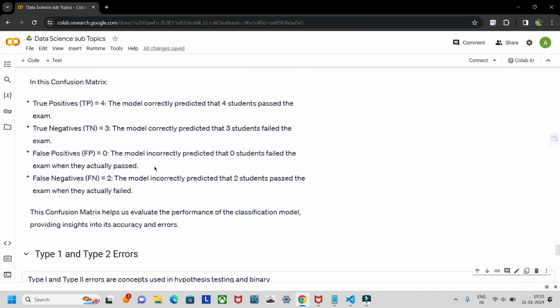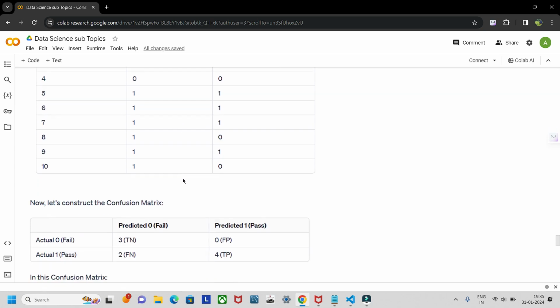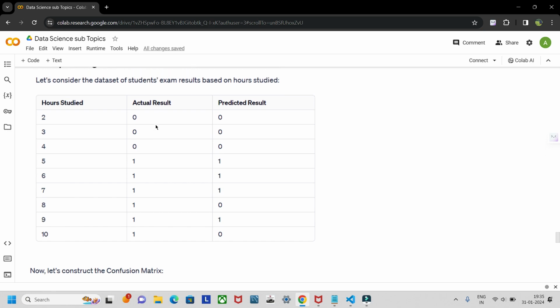In our example, the false positive count is 0, that is, we have not incorrectly identified anyone. Let me revise with the data points. The actual result is 0 for fail and 1 for pass. If the person failed and the predicted result is 1, it is termed a false positive.